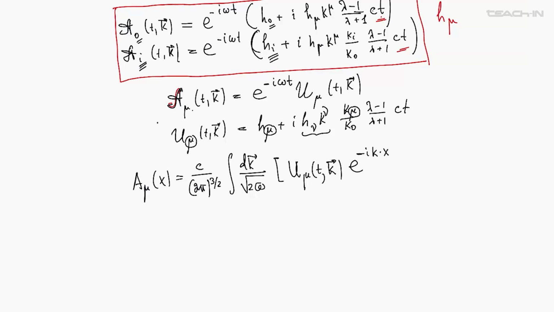And then the contribution of terms where omega is equal to minus c k0 with k0 positive. This is the second branch of the solutions. This will just lead to appearance of the complex conjugate of this amplitude u mu, so with u mu complex conjugate depending on t, k, and then there will be i k x. That's the second branch.